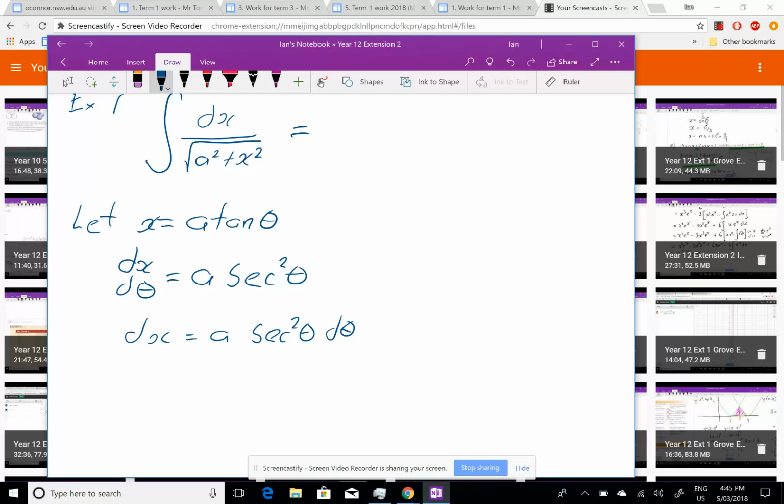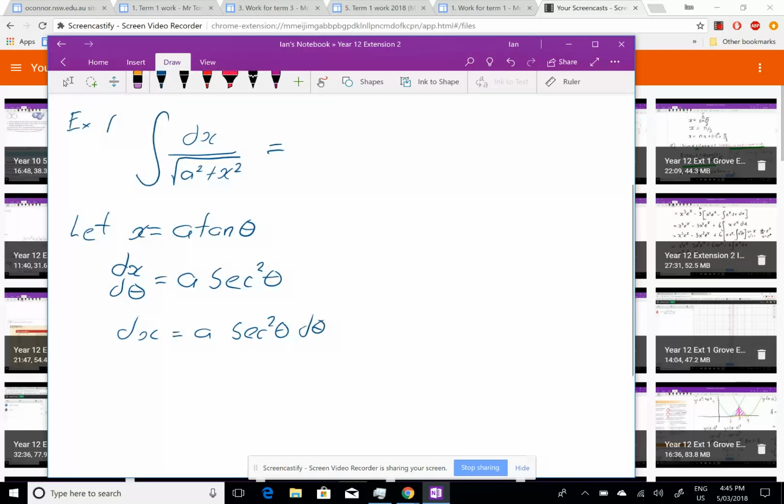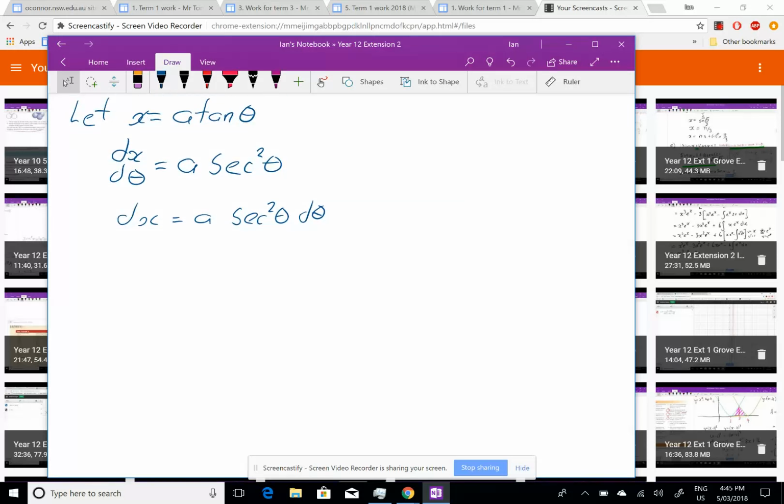Now remember, you get that from your reference sheet. You can just look at the integral of sec squared and see that it equals tan, so the derivative of tan is sec squared. And I've got that right in front of me here. The integral of sec squared is tan. Now what we do is we're going to draw a little triangle to illustrate how we're going to use this. So we go down here.